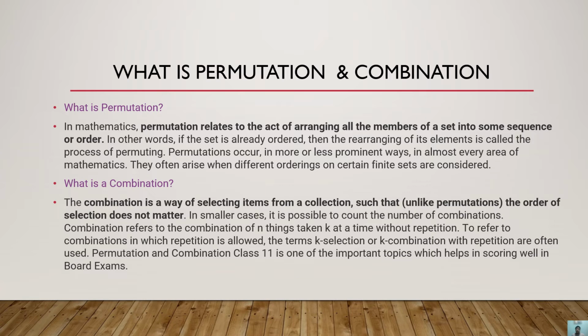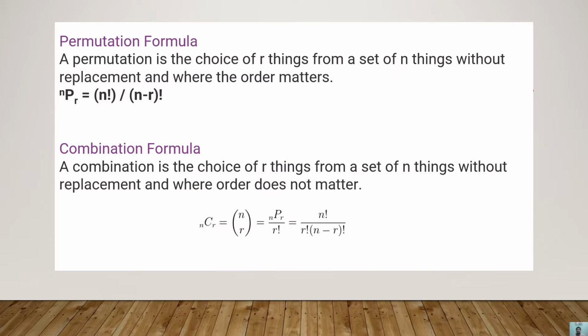So permutation, again, we take note of the arrangement, we take note of the sequence, we take note of the ordering. Whereas in combination, ordering is not considered. So the permutation formula is n factorial divided by n minus r factorial.